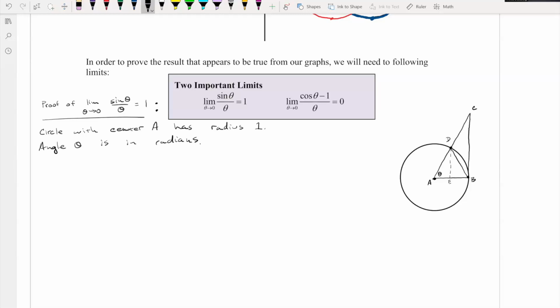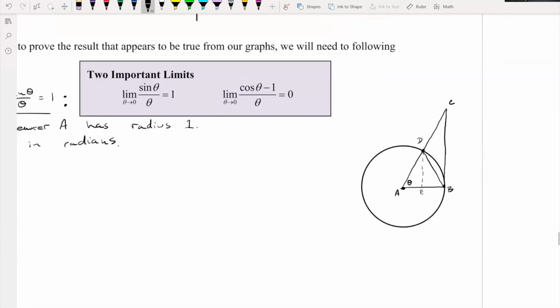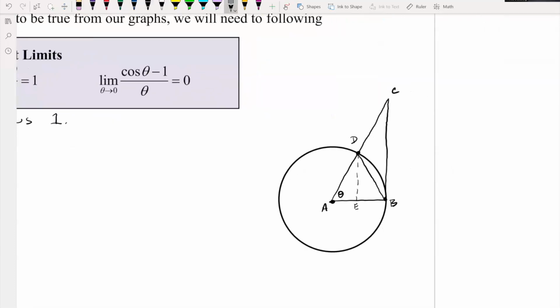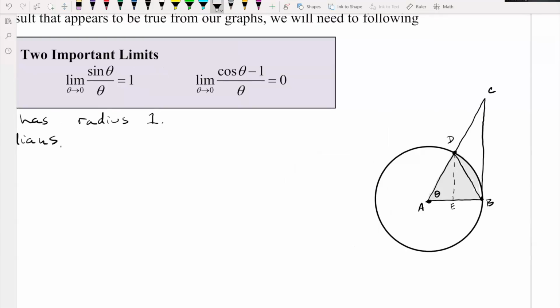Now, I'm going to come up with 3 different areas. We have the area of the sector, and if you remember, a sector is basically a pie piece, right? Or a piece of pizza. And then we also have two triangles, which I'm going to do one in purple. This big one here, I'm going to do in purple.